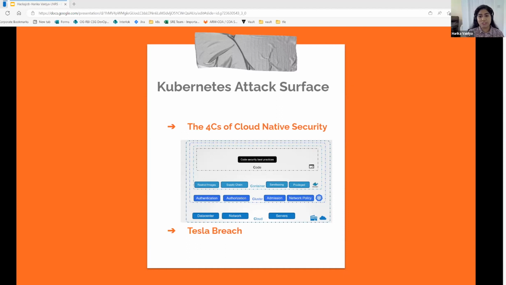Immediate security measures were later implemented by the Tesla security team. They shut down the containers and other instances. But I think this highlights the importance of security and how we should prioritize security across our organizations, and the importance of deploying and managing our cloud infrastructure.